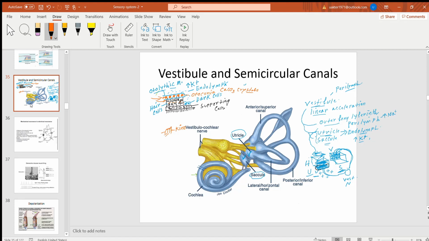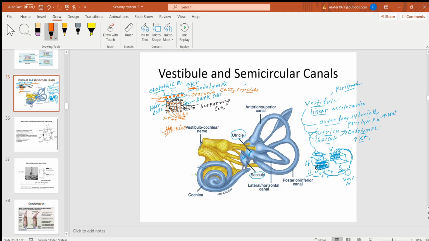I explained that. And when the cilia move, the tip link will open the channels. So the potassium will get in, because in the endolymph the potassium concentration is high, and when the potassium gets into the hair cells, then glutamate will be released, and that will produce the action potential in these afferent fibers.